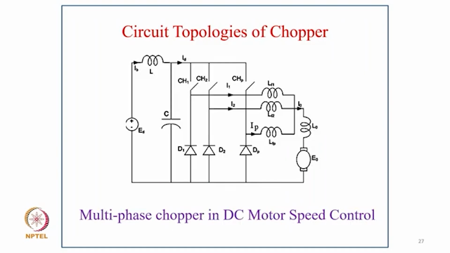Another example is the 3-phase chopper, where you can increase the current in the load by feeding from all 3 or multiple choppers. It gives a large current in the load. Sometimes you have a DC voltage source but want a very large current for starting a DC motor, and that can be done with multi-phase choppers.